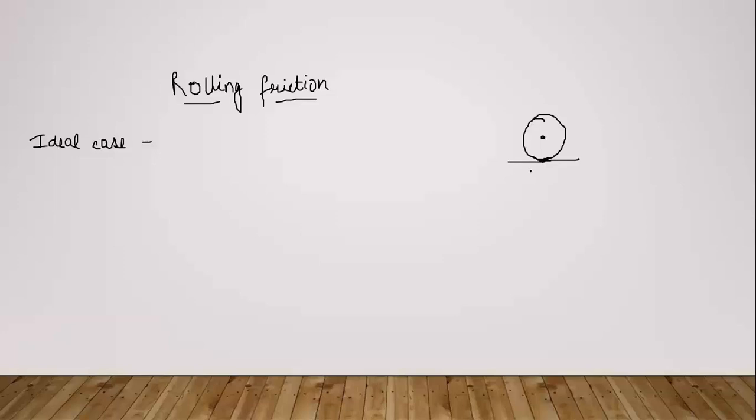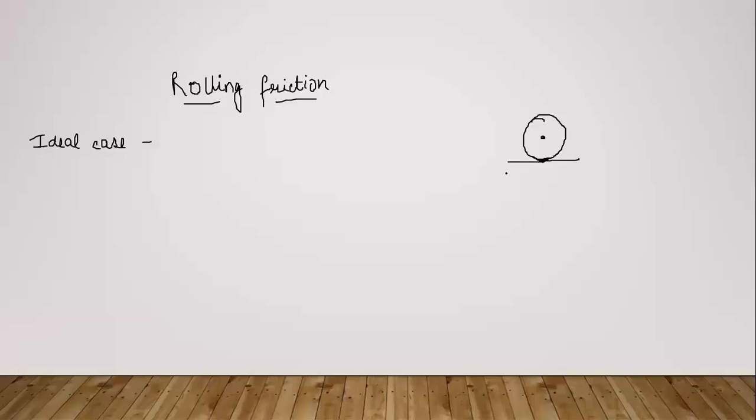We have studied before, we have discussed it properly, that friction only opposes the relative motion, when the two surfaces are relatively moving. In this case, this point of contact is always fixed at one point. It is not moving with respect to the surface. That is why, as per what we discussed, there should be no friction.